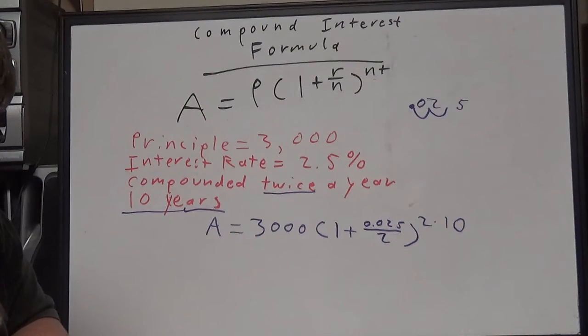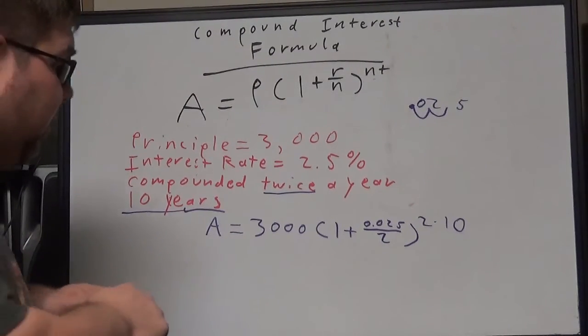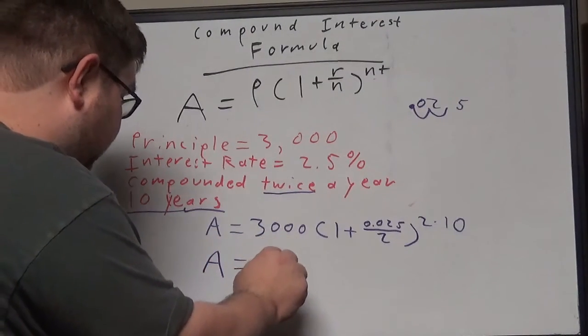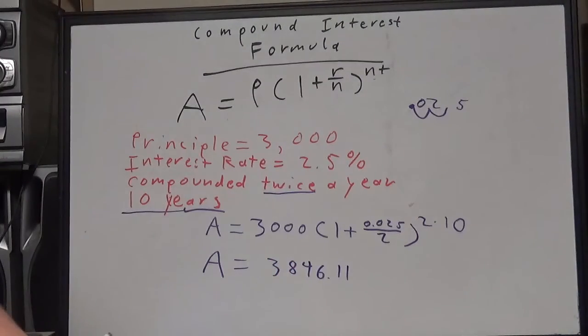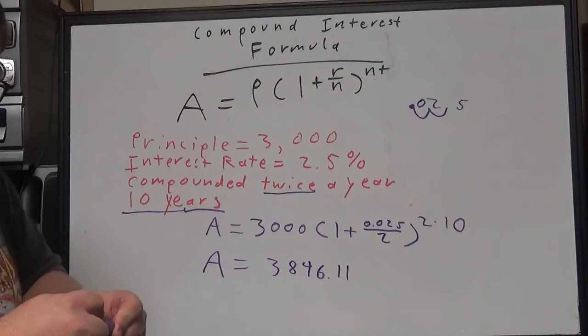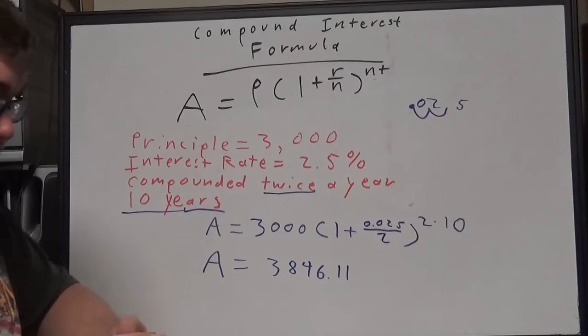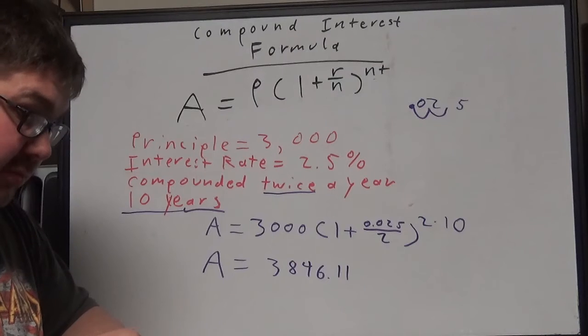I don't know for sure if it will do what I'd like it to, which is order of operations. Maybe. And this is what I get. As long as the order of operations worked, which I'm going to double check. Notice it's going up. This works both ways. I do wish I had an actual calculator, of course, but whatever.